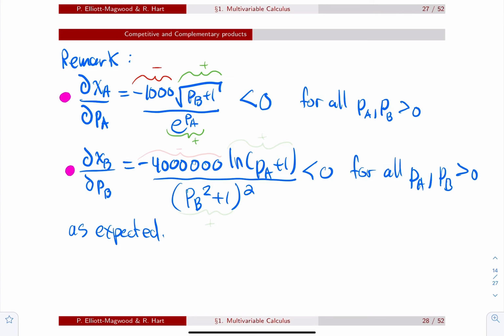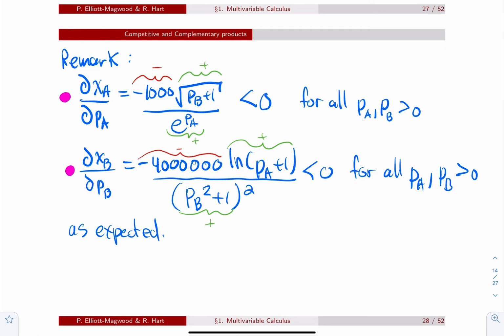So same thing for the other partial derivative, ∂XB/∂PB. You have minus 4 million, so that's negative. ln of PA plus 1, so if PA is strictly positive, ln of something strictly bigger than 1 will be strictly bigger than 0, so it's going to be positive. PB squared plus 1, squared, that's going to be positive.